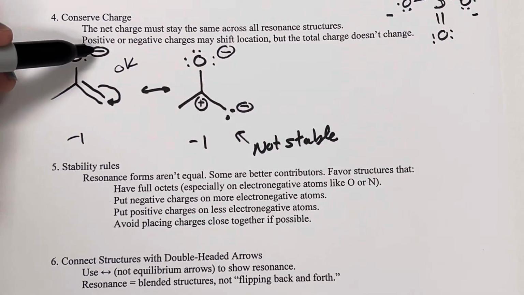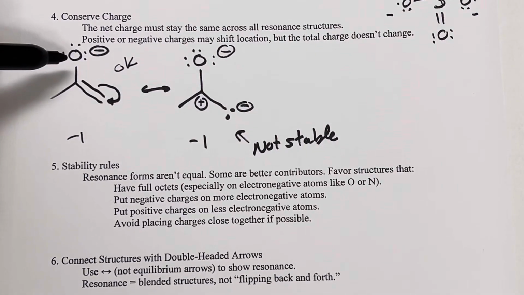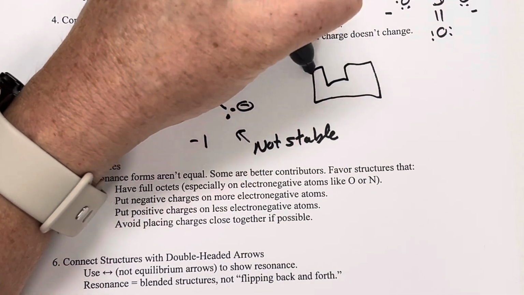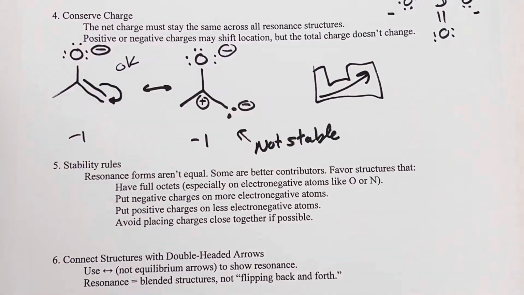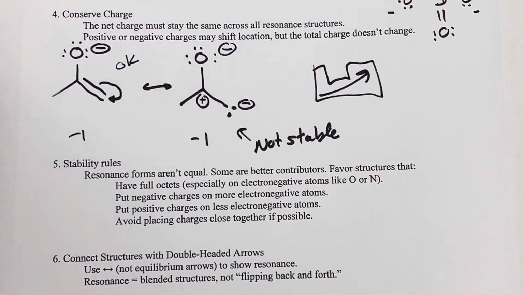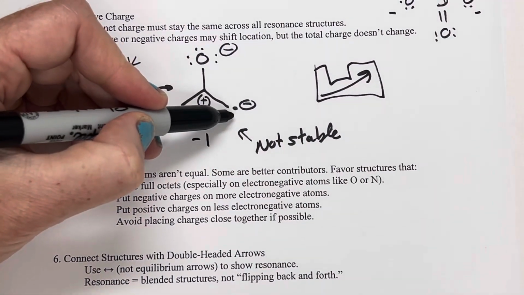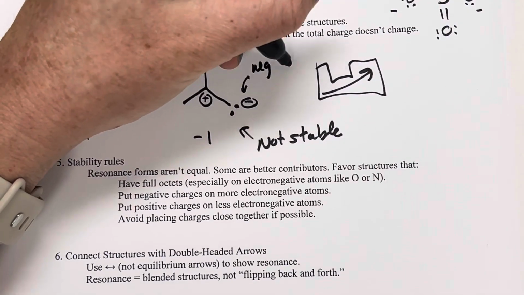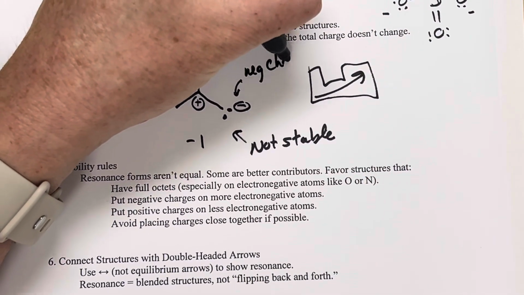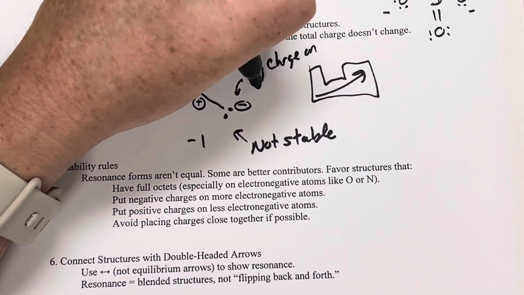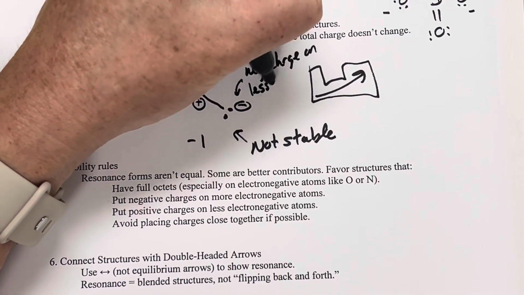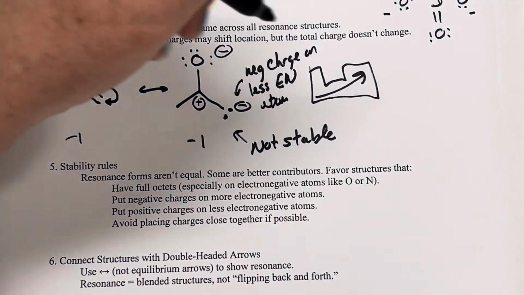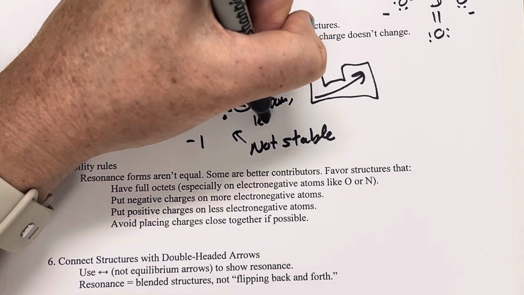We've got a negative charge on a more electronegative atom, which would be oxygen. To remind you, electronegativity goes up and to the right on the periodic table. But over here, we have it on a carbon. And whenever you have this, which is a carbanion, anytime you have a negative charge on a less electronegative atom when you don't need it, it's going to be less stable.